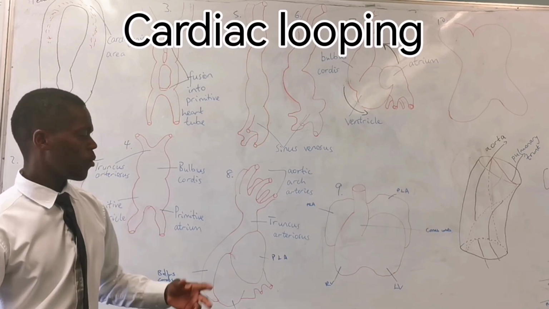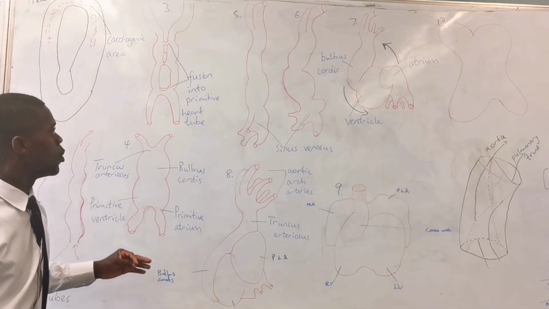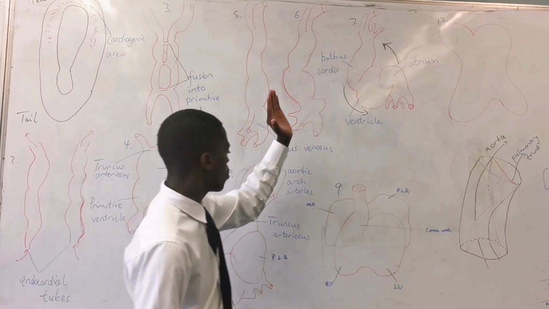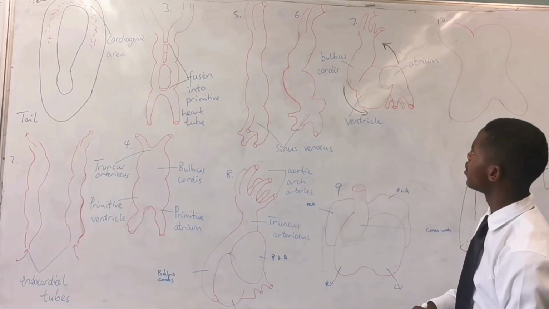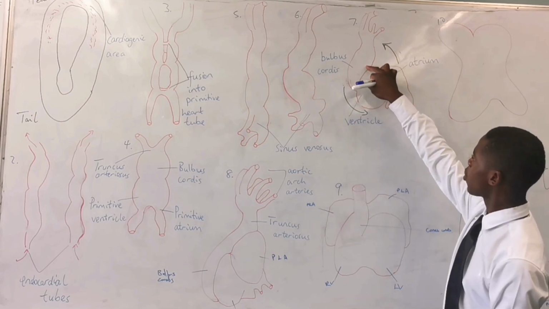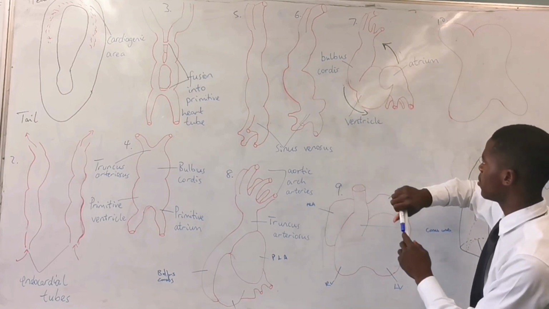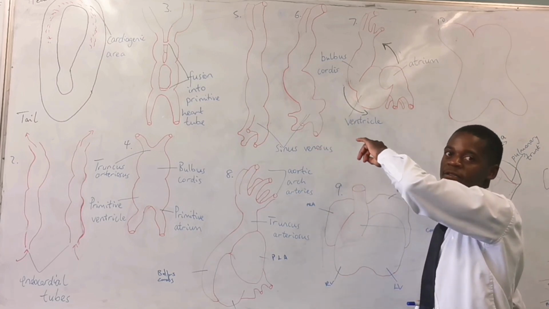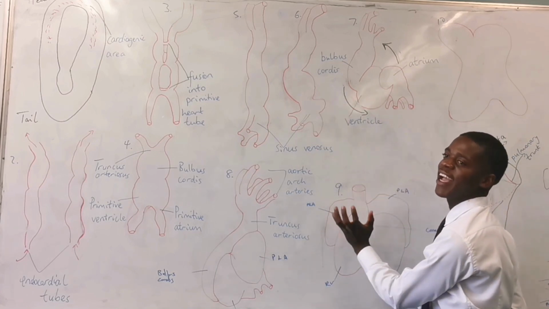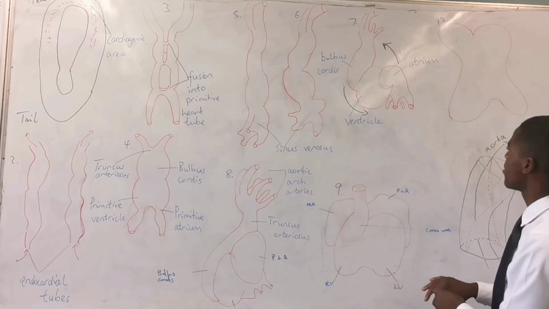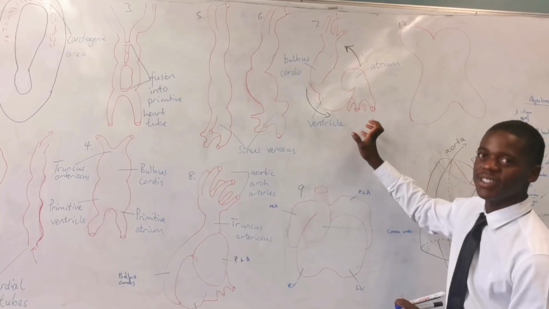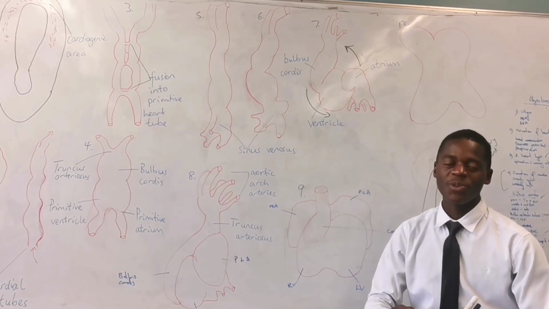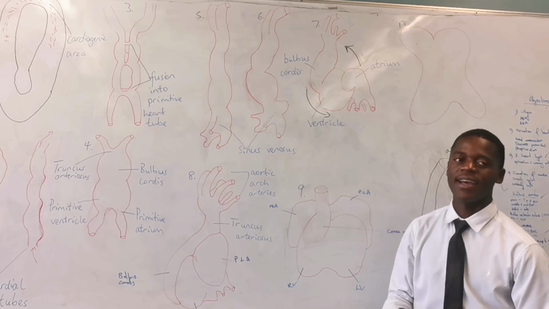What happens is we realize that the bulbus cordis, if we look at these stages, at this diagram, and our primitive ventricle, they move down inferiorly, ventrally, and to the right. At the same time, the primitive atrium and the sinus venosus move dorsally, superiorly, and to the left.